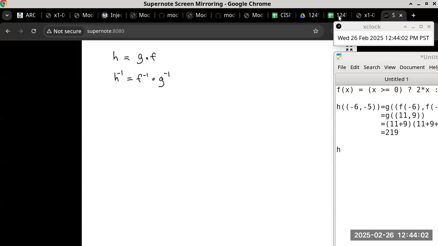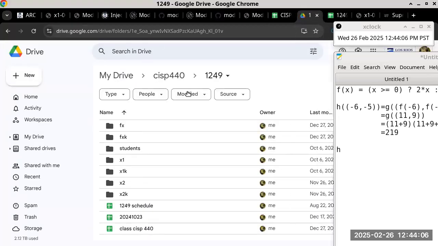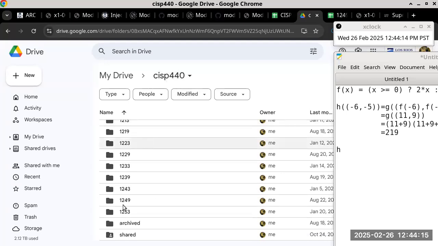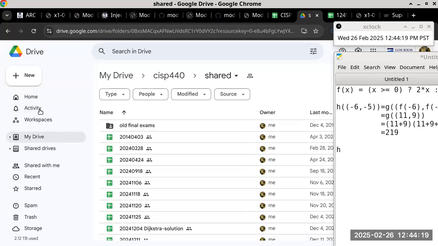All right, so I think this part is going to be a little bit easier to remember. I don't think I need to put this into the shared folder, but I'll put it here anyway, just as an illustration.